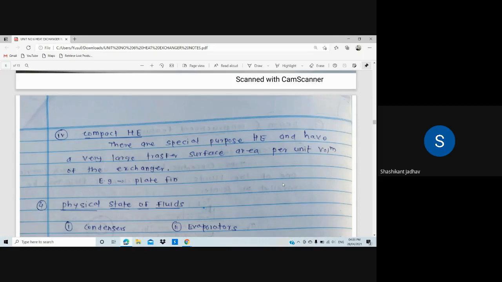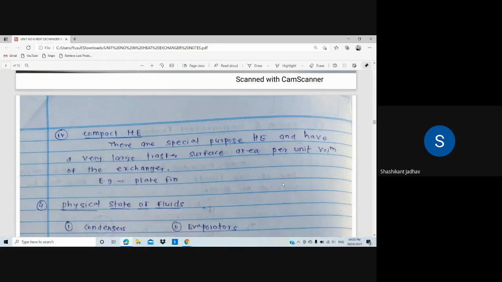Then we have to write down the fourth type, that is compact heat exchanger. According to the design and construction, the next type is the compact heat exchanger. So all of you write down compact heat exchanger. What is meant by compact heat exchanger?